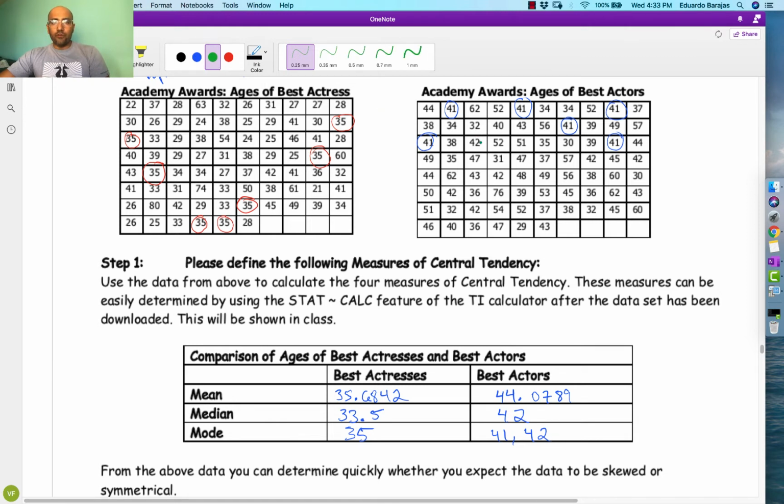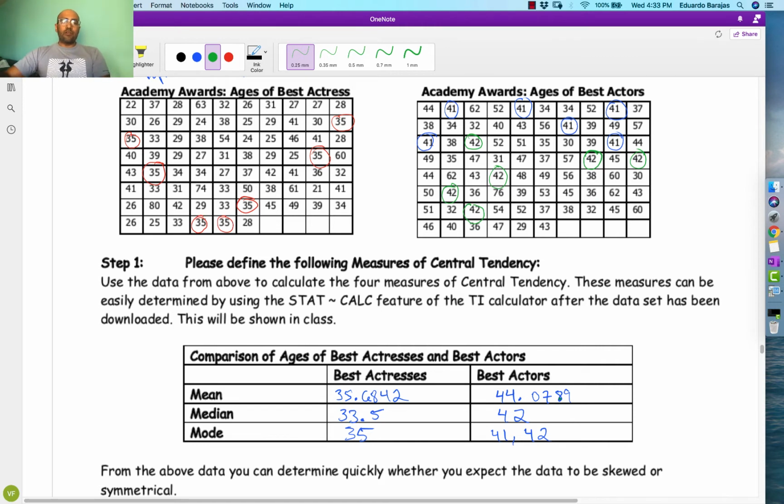And then 42s. 1, 2, 3, 4, 5, 6. Okay, so bimodal, tied with 2 different values.